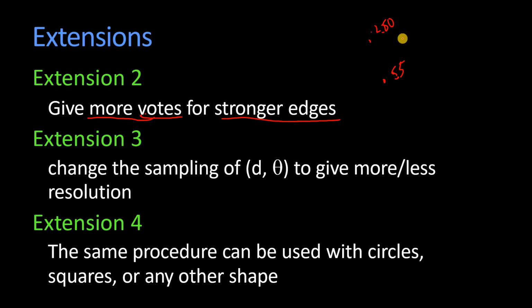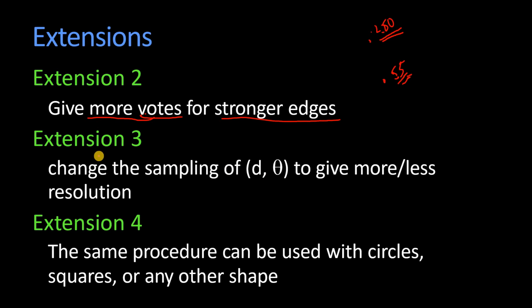You can implement some method where a very bright pixel value represents a very strong edge, so it should be given more weight, more vote value. So votes are not discrete values 0 or 1. It can be a bigger number, maybe from 0 to 10. The brightest pixel can cast a vote of 10, whereas if the value is very small, it can give a vote of 2 or 3.